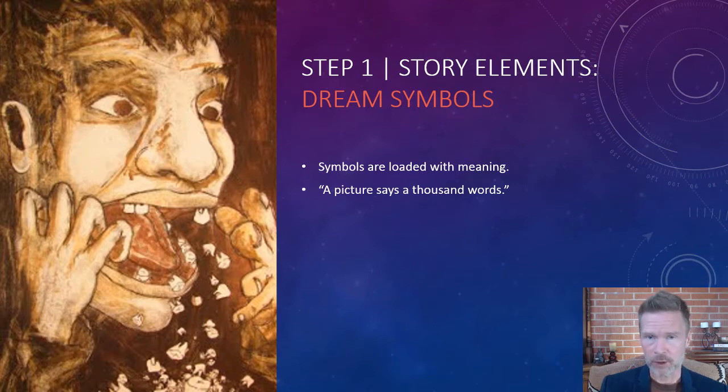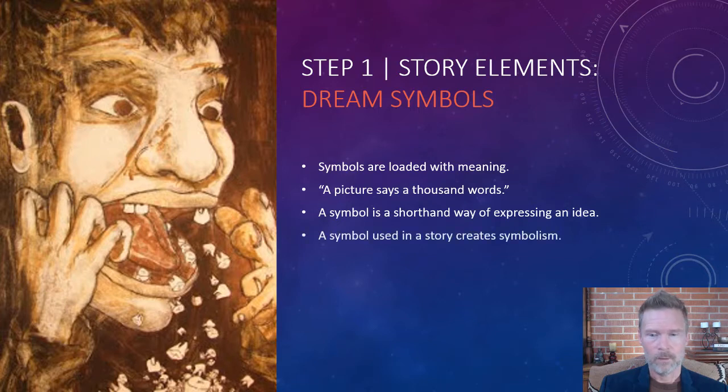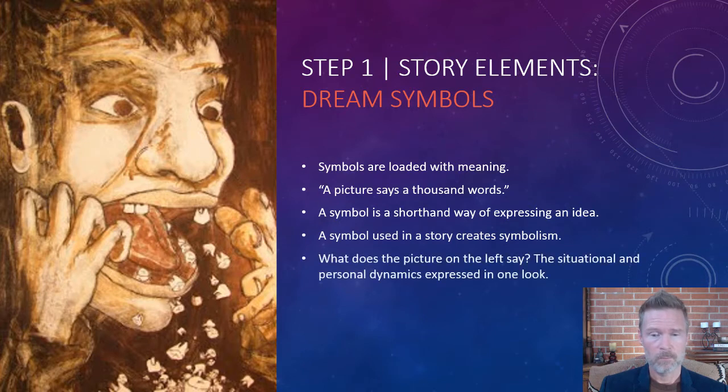There will be actions associated with it. The symbol will be associated with a character or a setting. That is where you really get the story of the dream. A symbol is a shorthand way of expressing an idea. And then it's used in a story and it creates symbolism. That's how dream symbolism works.